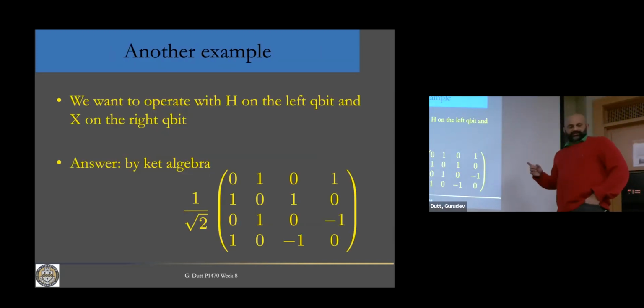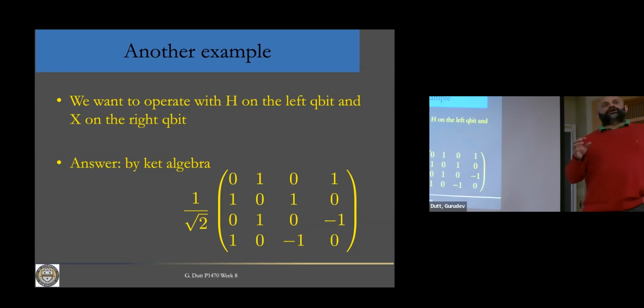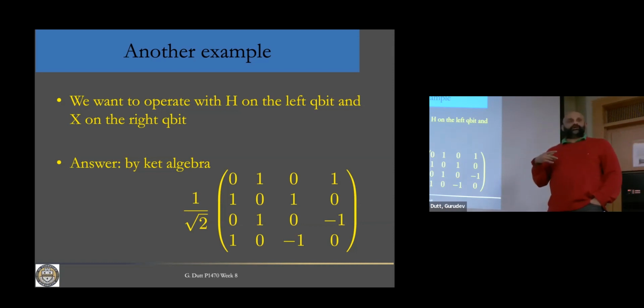Last time we did the Ket algebra notation, and I showed you how, if I give you a gate, for example, one which says operate with H on the left qubit and X on the right qubit, we built it up by taking H tensor X and operating it on 0, 0, 0, 1, 1, 0, 1, 1.